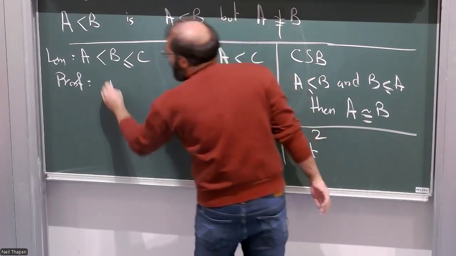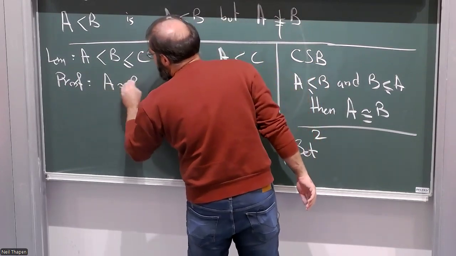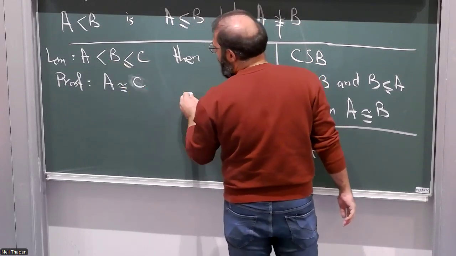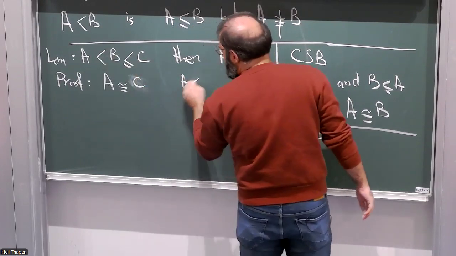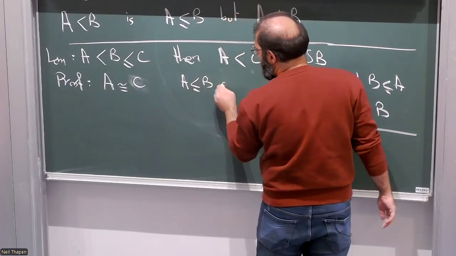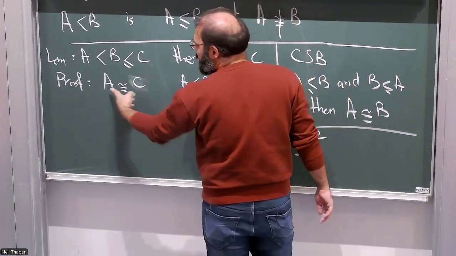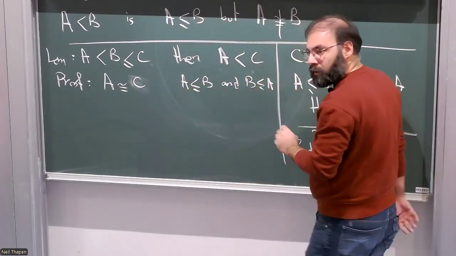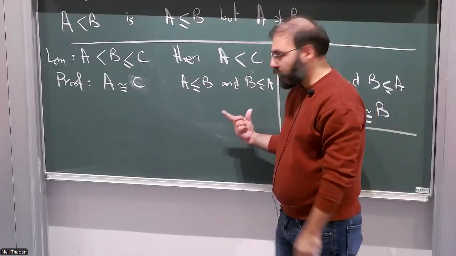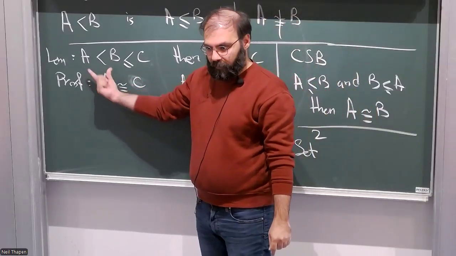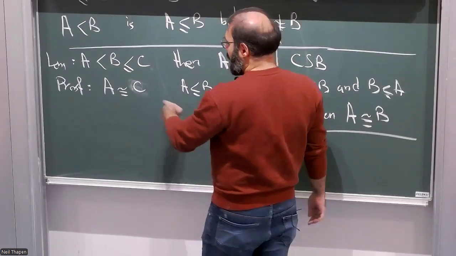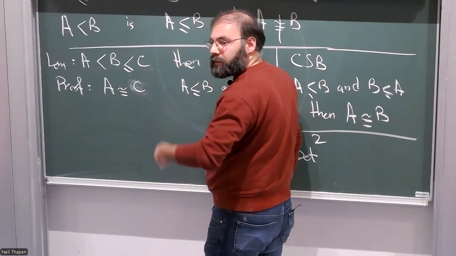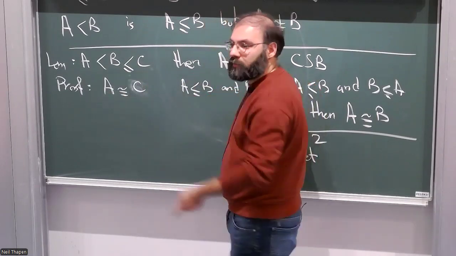But then they could not be isomorphic, because if they are isomorphic, then I have A less than B and B less than C, but A and C are isomorphic, and therefore B is less than A. Cantor-Bernstein says that they are isomorphic, but they are not. So if I change these two to strict here, I get the same thing. So strict is well behaved, if you like.